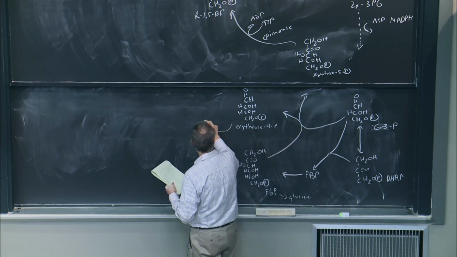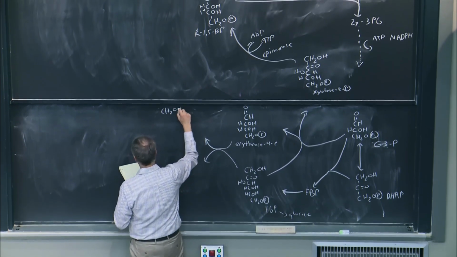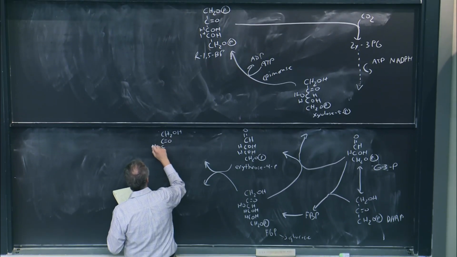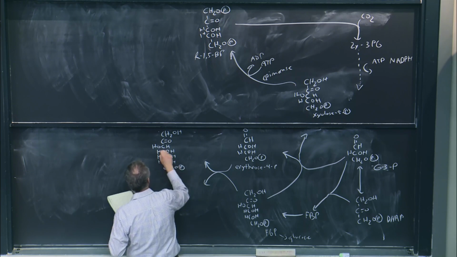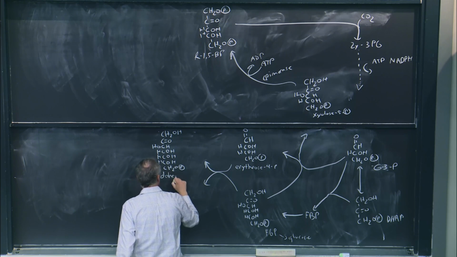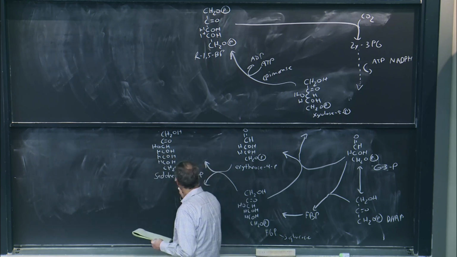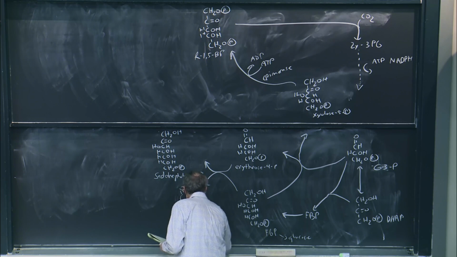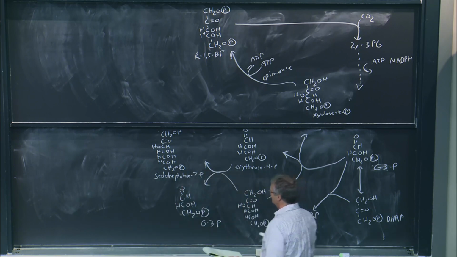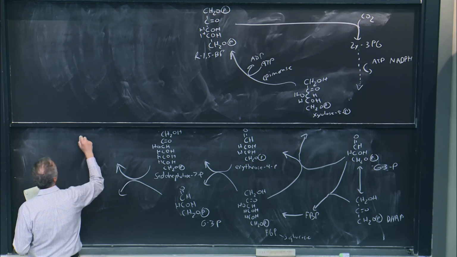And I can take this erythrose 4-phosphate, swap 3 carbons, which will give me this 7-carbon sugar called sedoheptulose 7-phosphate, as well as a 3-carbon glyceraldehyde 3-phosphate.